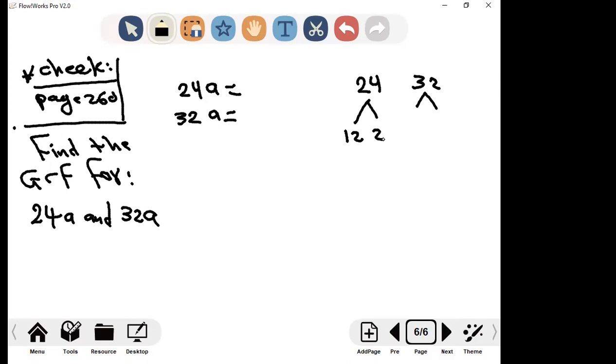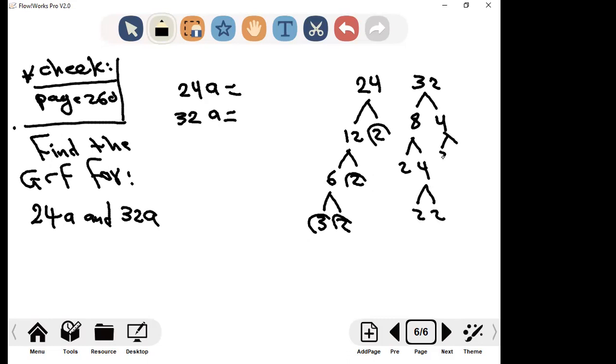All of them give the same answer. So 12 by 2, the 12 is 6 by 2, and these twos we cannot do more. 32 is 8 by 4, 2 by 4, 2 by 2, 2 by 2. Don't forget.